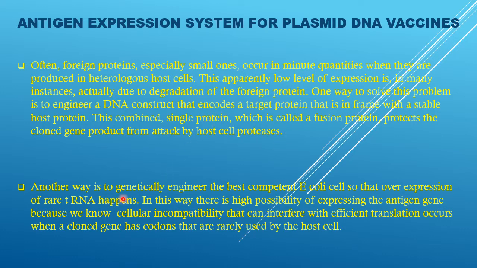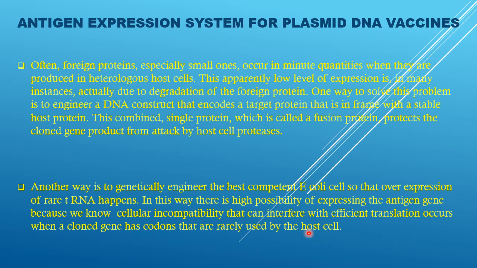Another way is to genetically engineer the best competent E. coli cells so that overexpression of rare tRNA happens. In this way, there is a high possibility of expressing the antigen gene, because we know that cellular incompatibility that can interfere with efficient translation occurs when a cloned gene has codons that are rarely used by cells.